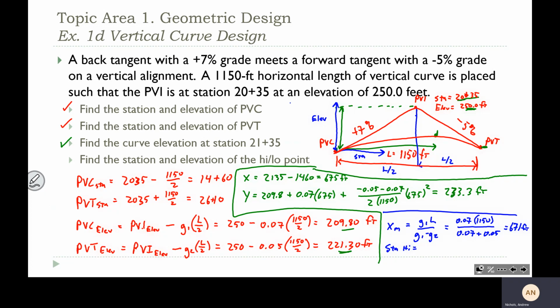Sort of, but you way overcomplicated it. So the 671 is measured from what point? It's 671 feet from where? From the PVC. So we already know the station of the PVC, right? So it's just PVC plus. Yes, we just take the 1460 plus 671, and that gives us the station of the high point.